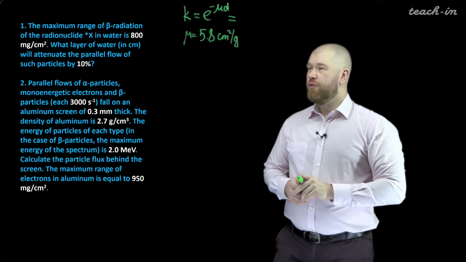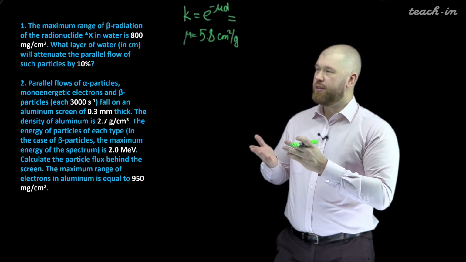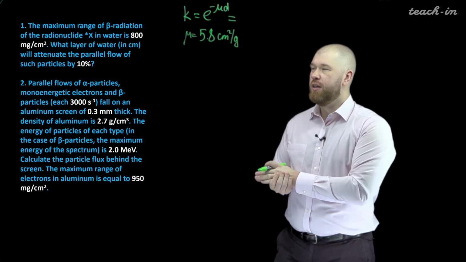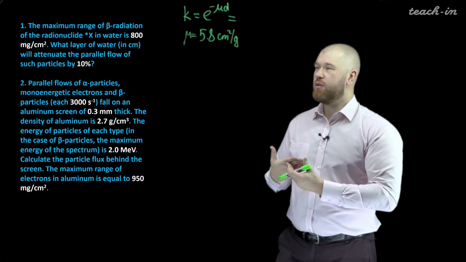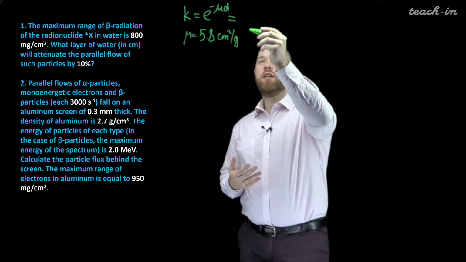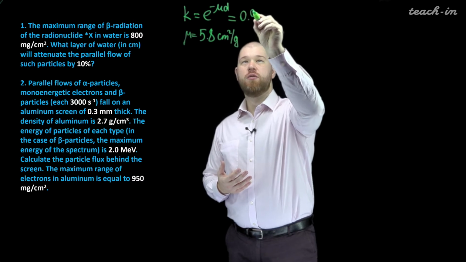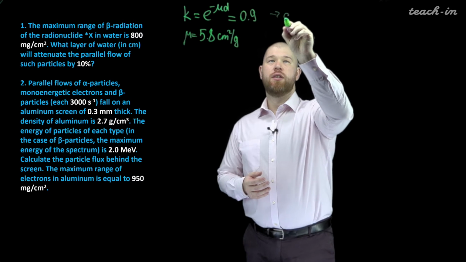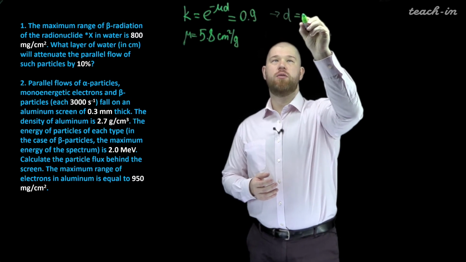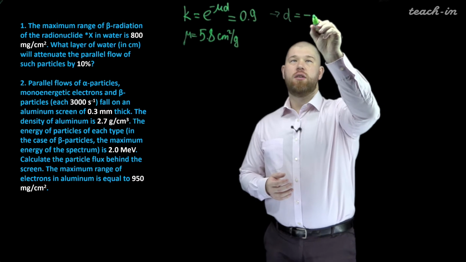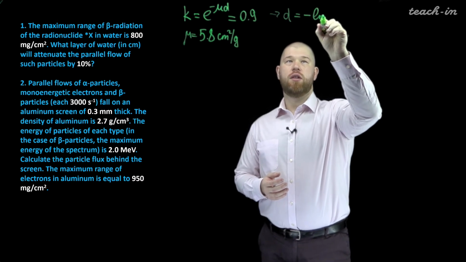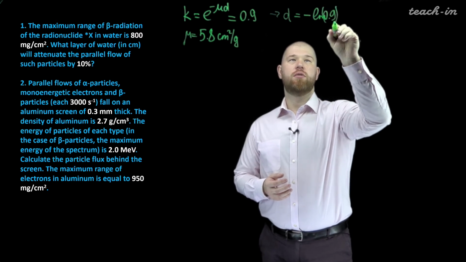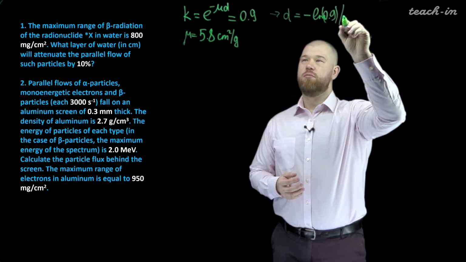And the attenuation factor in this case, as the decrease should be by 10%, means that 90% will go through this layer, and thus the attenuation factor will be equal to 0.9. And thus the d value will be equal to minus logarithm 0.9 divided by mu.